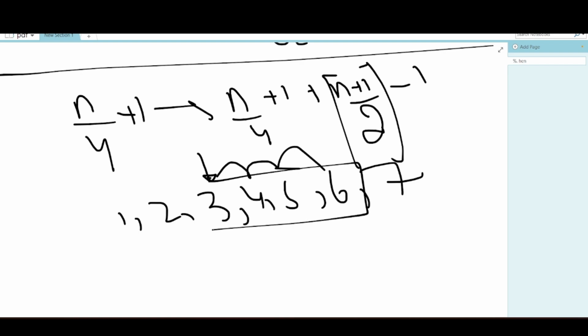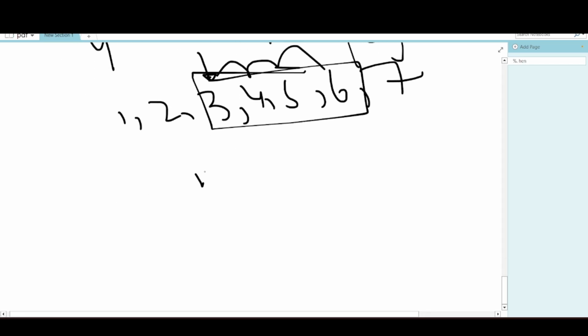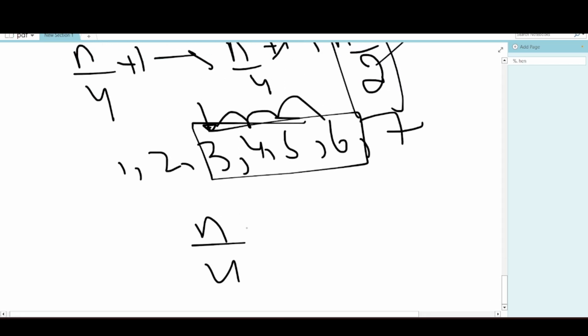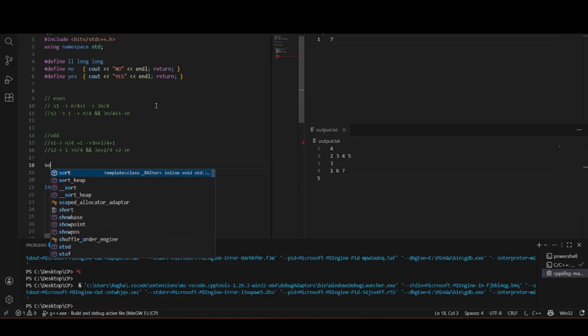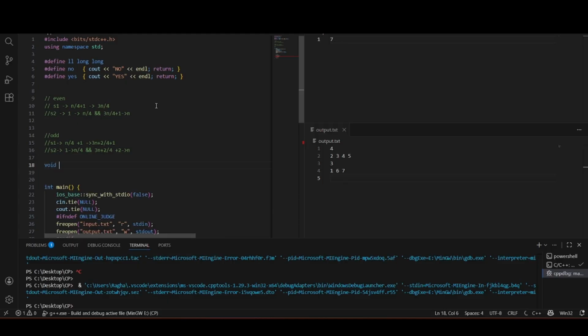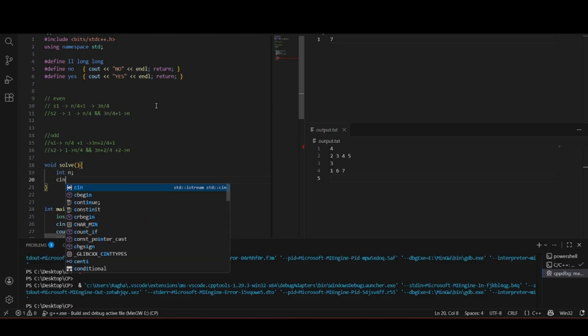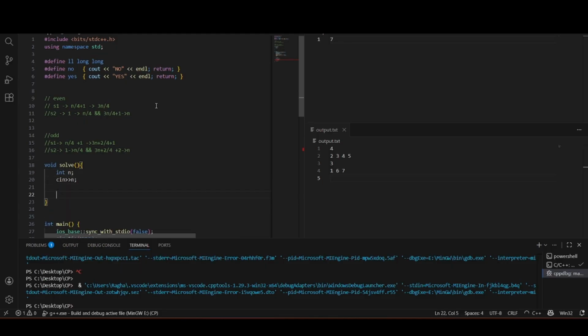So in total I will get 4 values. So this minus 1 and plus 1 get cancelled. So the range is n by 4 plus 1 to n by 4 plus n plus 1 by 2. Okay. So let's just code it up now. Void solve. We will be given an integer n, cin n.